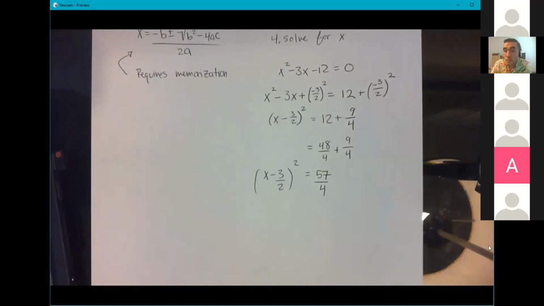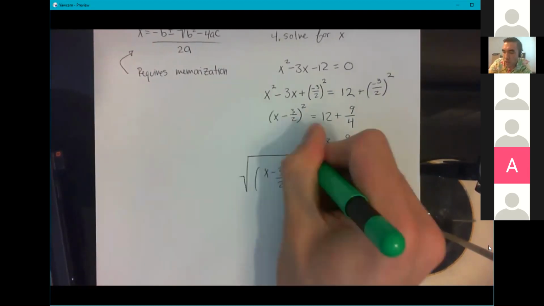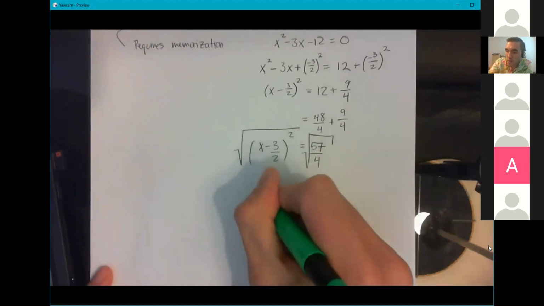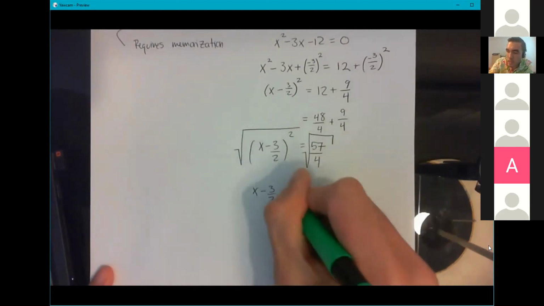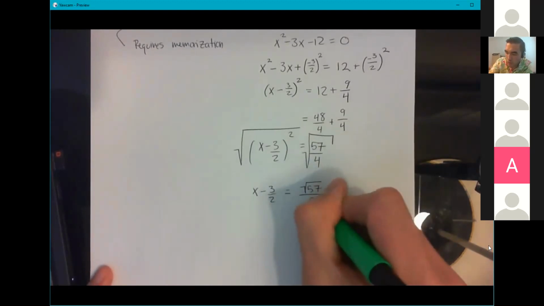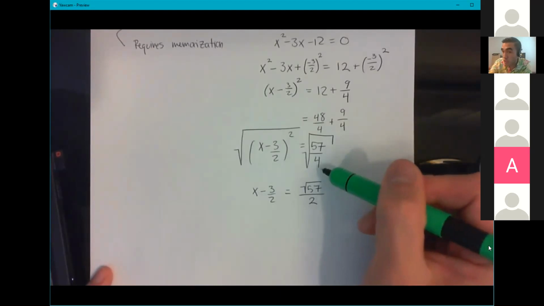Square root. Add both sides. I mean, you have to root it first, and then you add 3/2 to both sides. Step one, we have to take the square root on both sides. So I take the square root here, and I take the square root here, and this is going to give me x minus 3/2 is equal to the square root of 57 over 2. The square root of 57 doesn't simplify, but the square root of 4 is just 2.